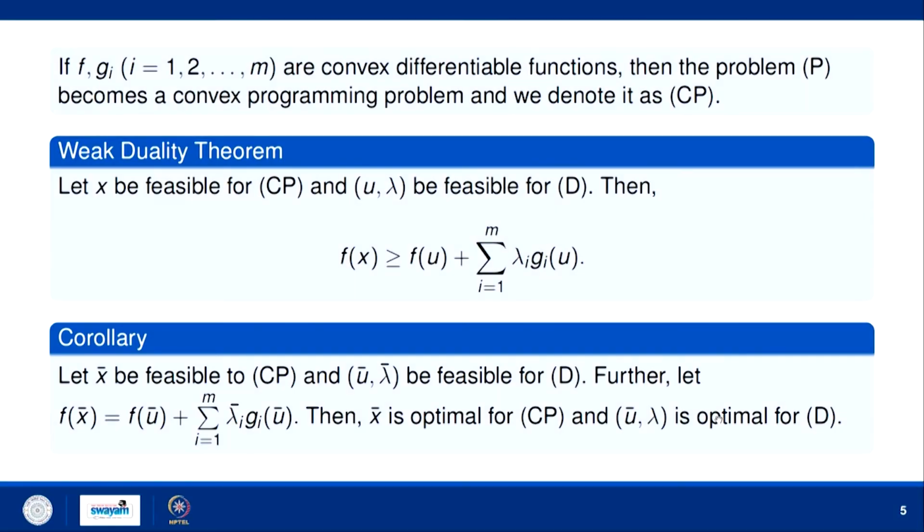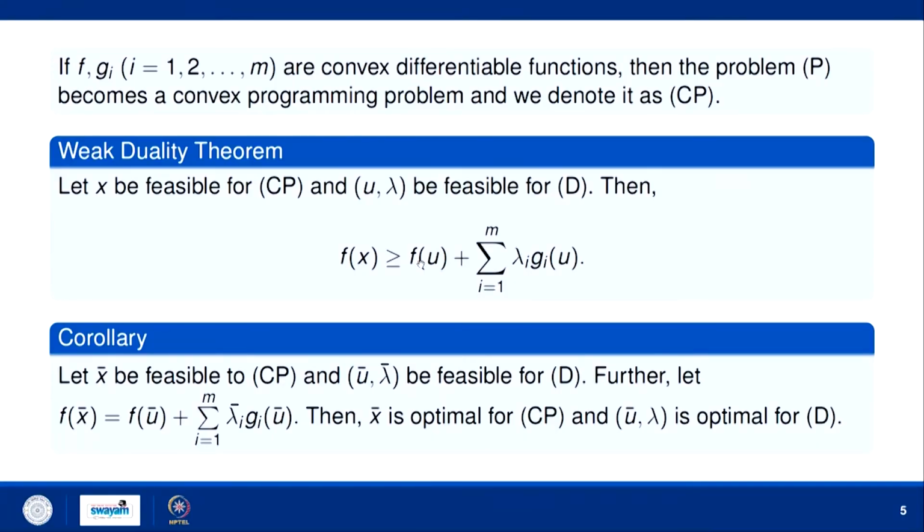So, basically weak duality result is important to find out the bound of the problem, either primal problem or the dual problem. If there is any u or lambda which is feasible for the problem D, then we can easily say that this value will be finite for that u and lambda, and f x will always be greater than or equal to that value.